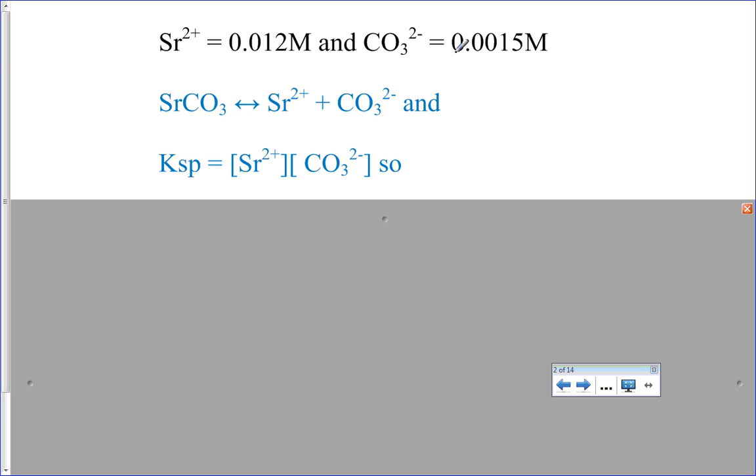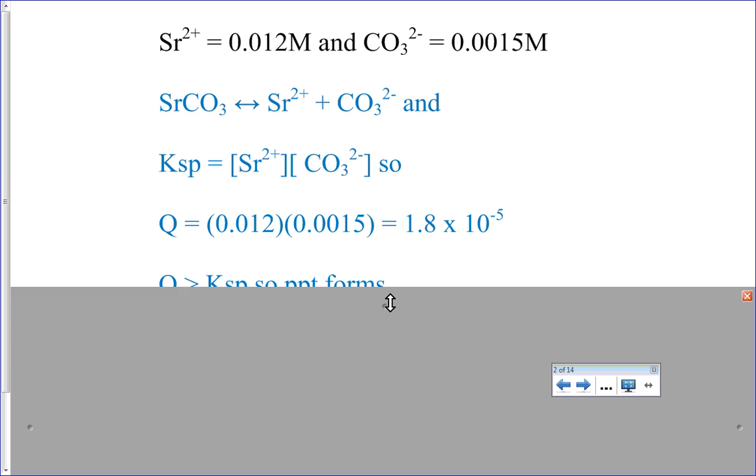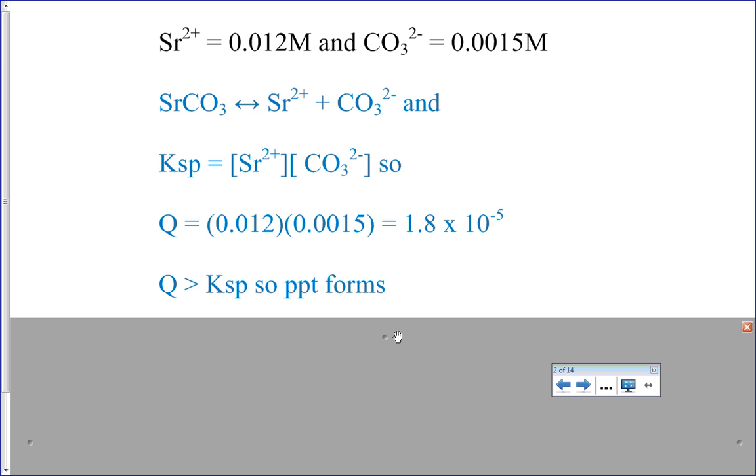So I now just have to substitute in for both of them and evaluate it. 1.8 times 10 to the minus 5. When I compare this Q value with the Ksp for strontium carbonate, I find that Q is greater than Ksp. So once again, a precipitate is going to form.